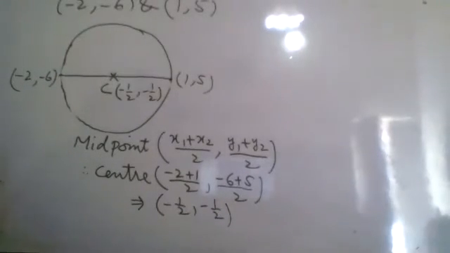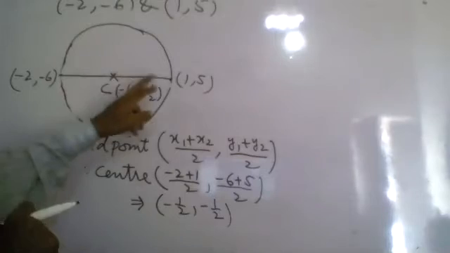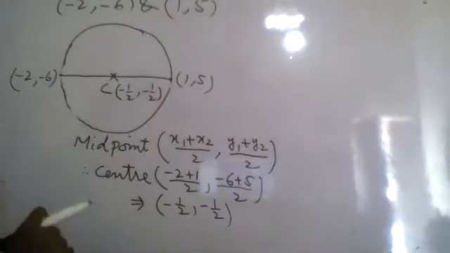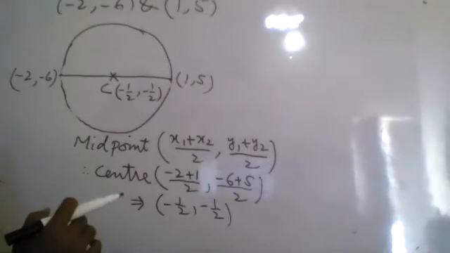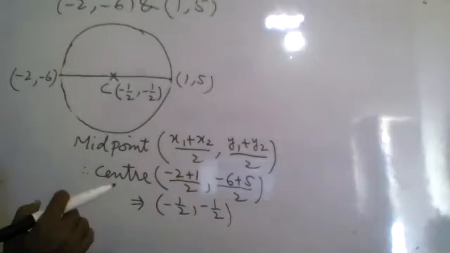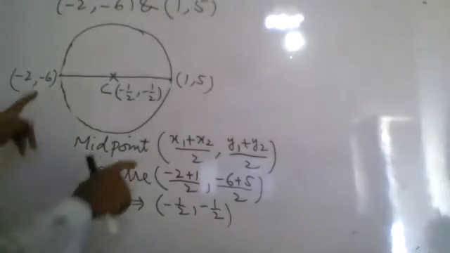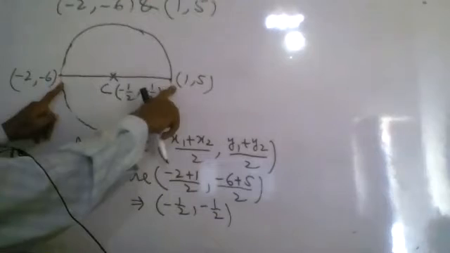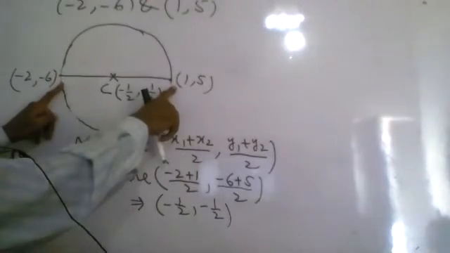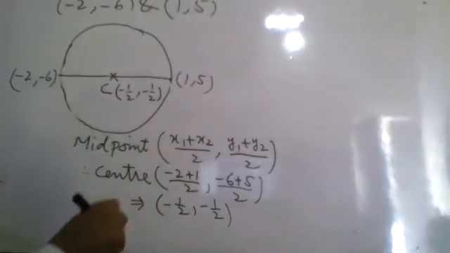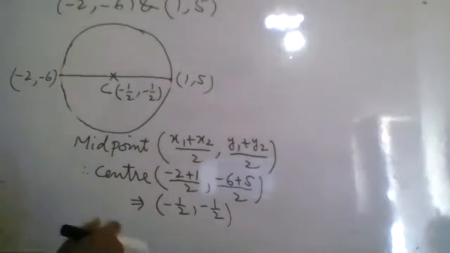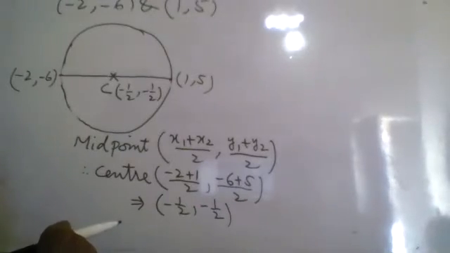One way: we take the center and any one of the two endpoints of the diameter to find the radius. Or we find the diameter by using the same distance formula, and then we halve the diameter, that will be the radius.